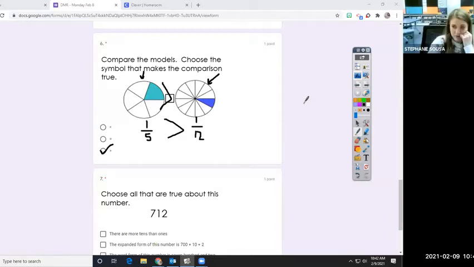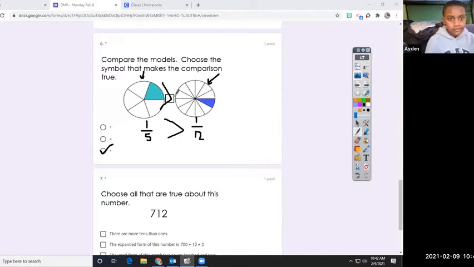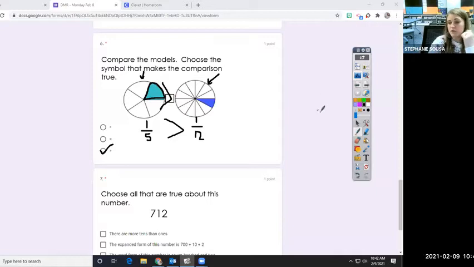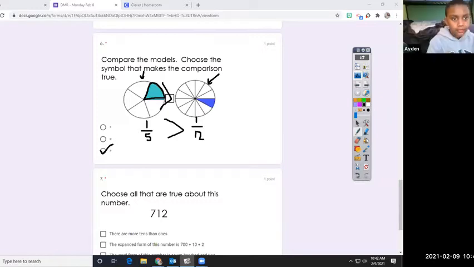What are you going to do? I'm going to pick 1 out of 5. Right, because it's a bigger piece and you like cookies. So the more times you have to share, the more pieces you have to create, the smaller they're going to be. Yeah. Good.